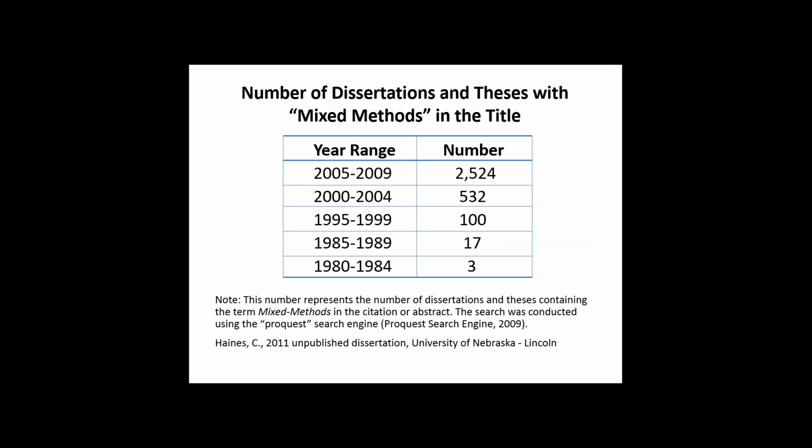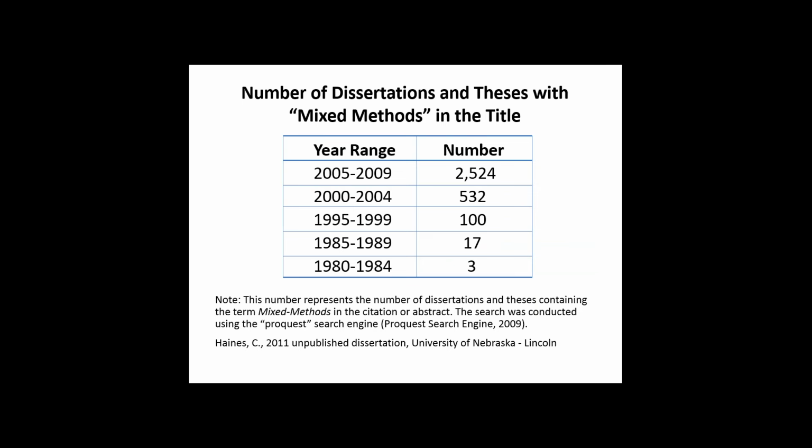Now, also, if you look at the dissertations and theses with mixed methods in the titles, you can see in 1980 to 1984 it was 3, but then by 2005 to 2009, it's 2,524. Of course, these are raw numbers, so we don't know what proportion of the students it is.